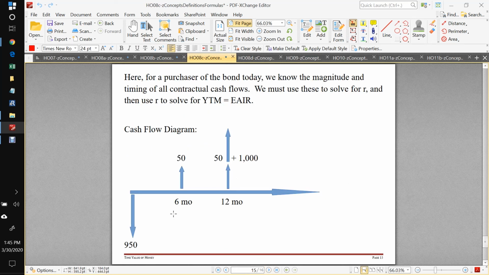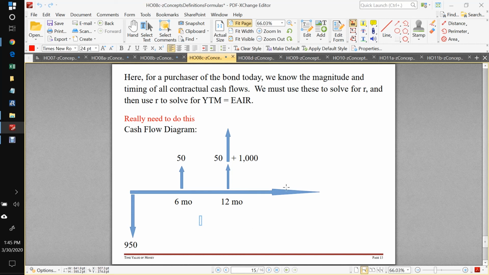So what do you want to do with this? There's really nothing for it but to draw this cash flow diagram. Okay, we just need to think about what are all the cash flows if we buy the bond today. So if we buy the bond today, we're going to pay $950.